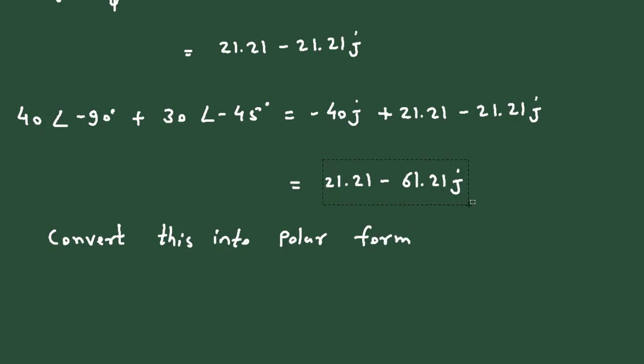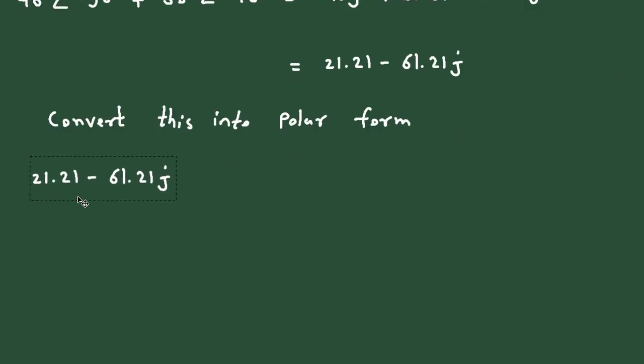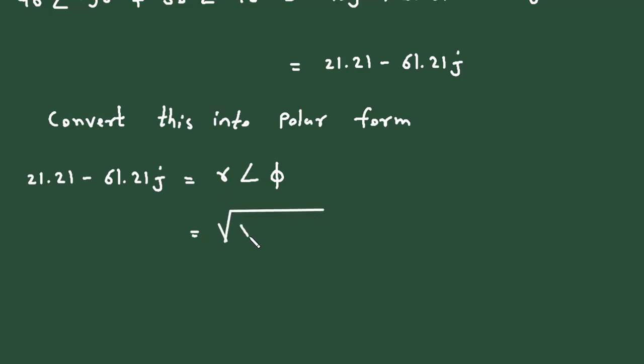So let's copy this from here. And this is equal to, we need this in this form, r at an angle phi. So r is under root of x square plus y square at an angle tan inverse of y by x.